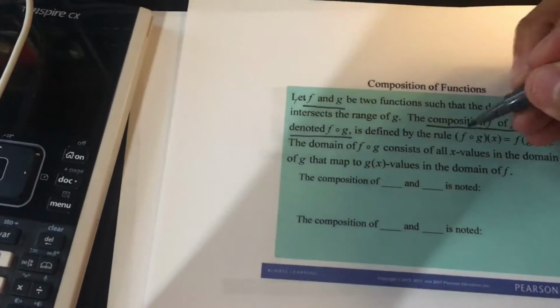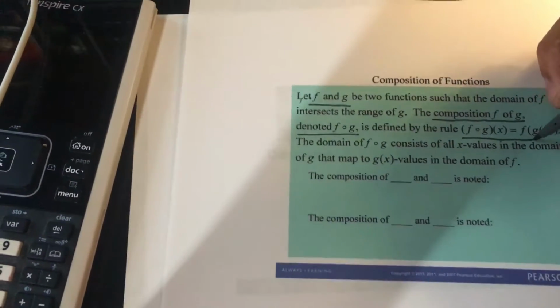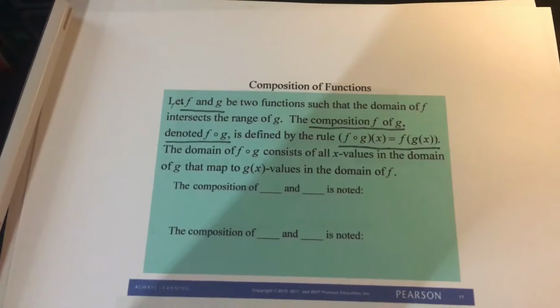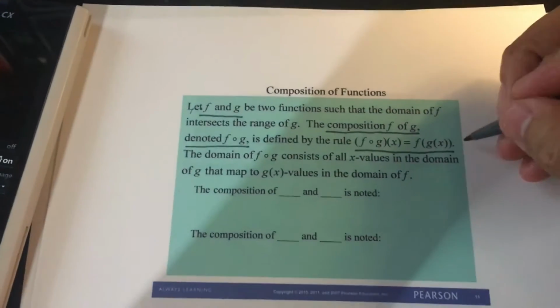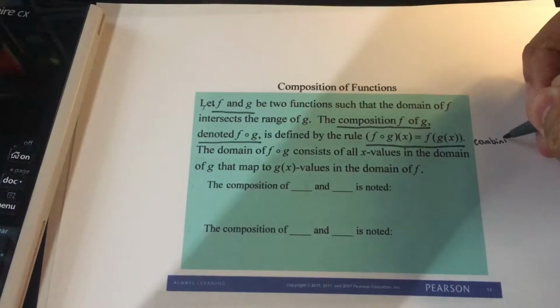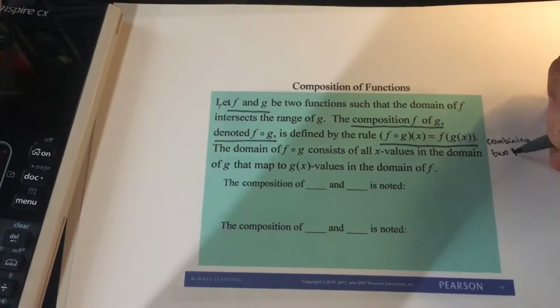The big definition here, so everything I'm underlining, go ahead and write it: F of G of X is equal to F of G of X. A little note here: I am combining two functions.